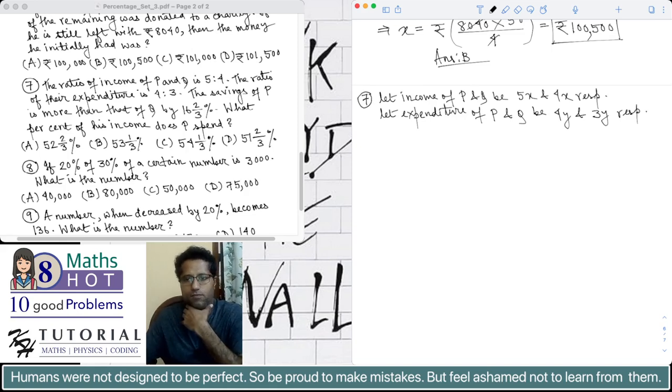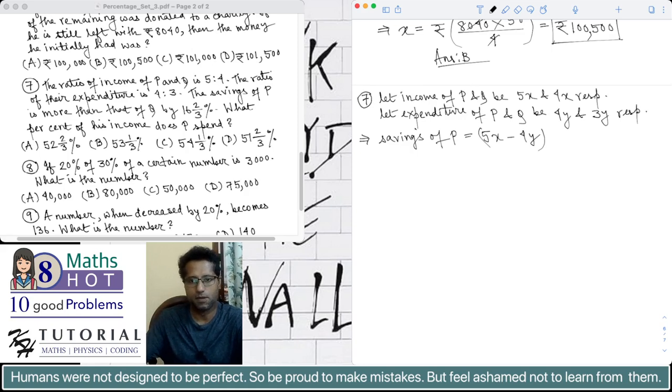Okay. So we have this. From this we can say that savings of P becomes income of P minus expenditure of P, that is 5x minus 4y.